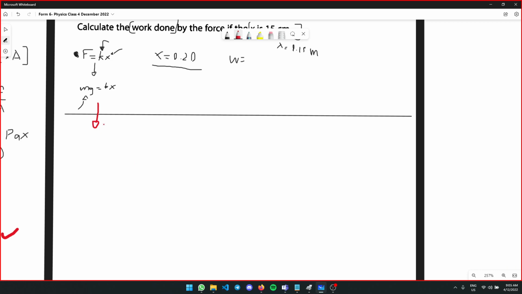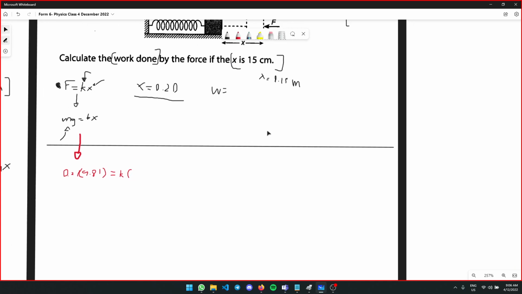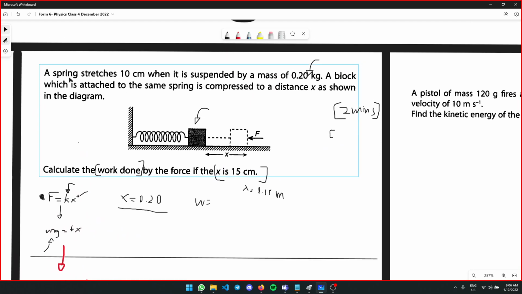Okay. So mg equals Kx. We know that m is 0.2, g is always constant 9.81, equals to K and X. So what is this X? This X is how the spring stretches when it's suspended by a mass.